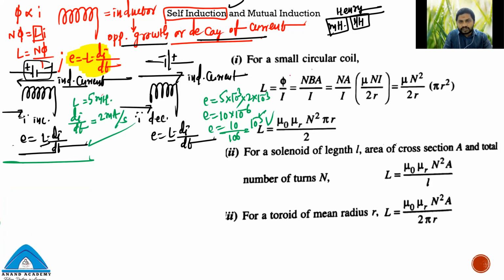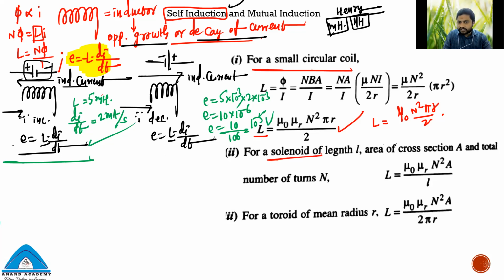For a small circular coil, the L value, self-inductance, what is that? Mu naught mu r n square pi r by 2. So L is equal to, generally can be written like this, mu naught n square pi r by 2, generally. Okay, remember this.